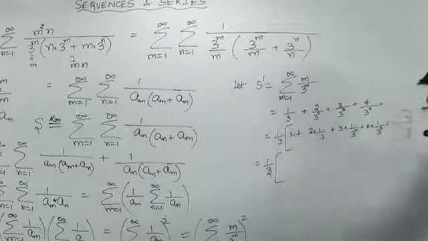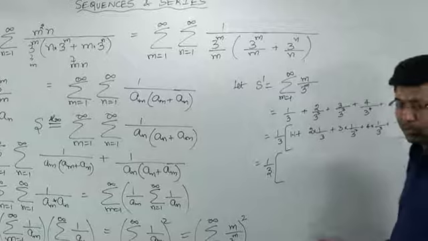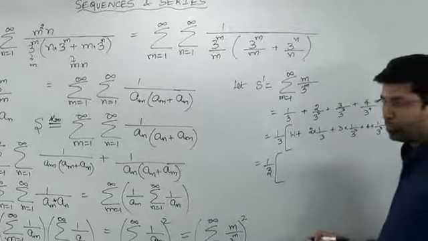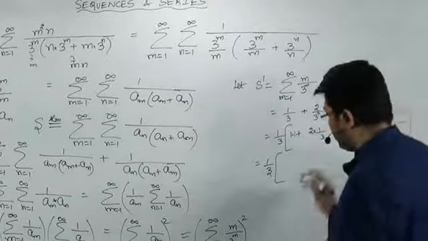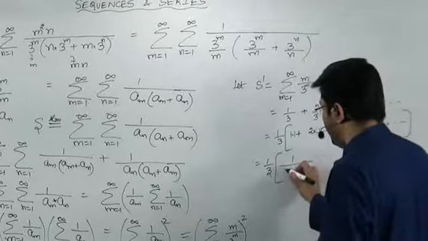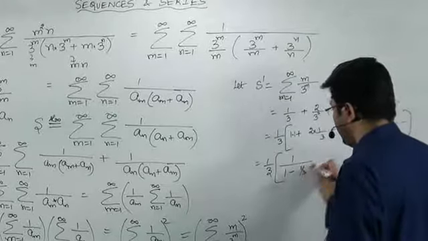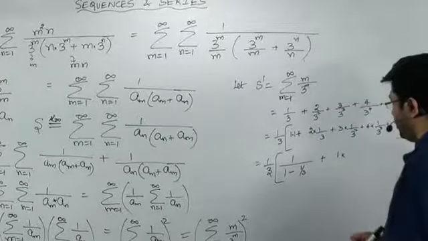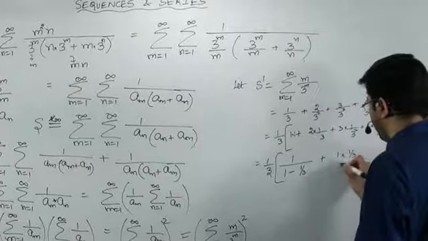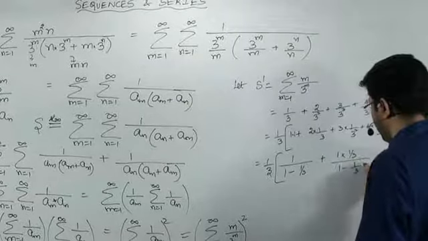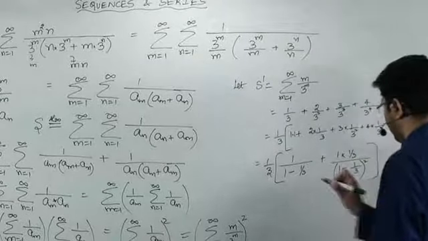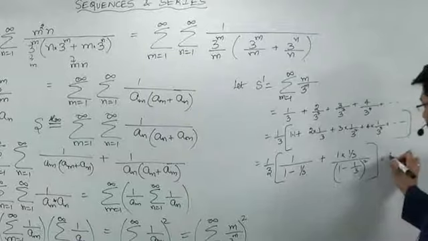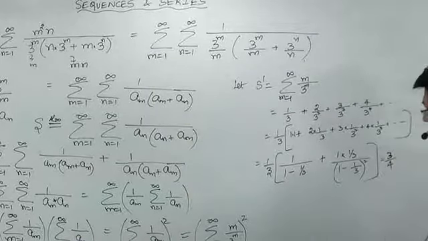Now what is the summation of infinite AGP? First term by 1 minus the common ratio plus common difference times, if you simplify you will get this to be 3 by 4.